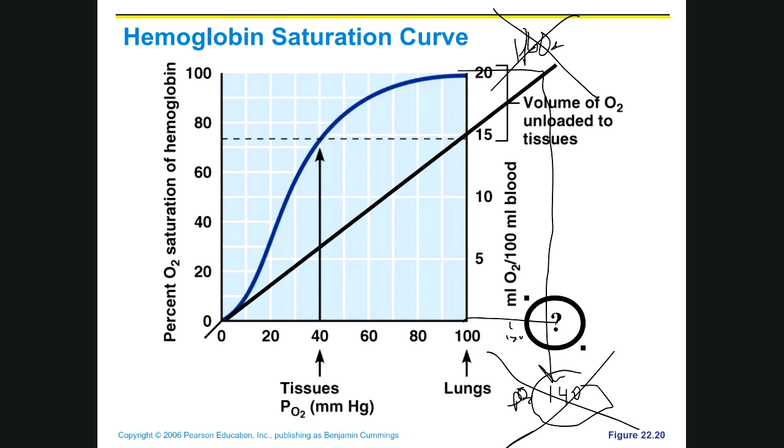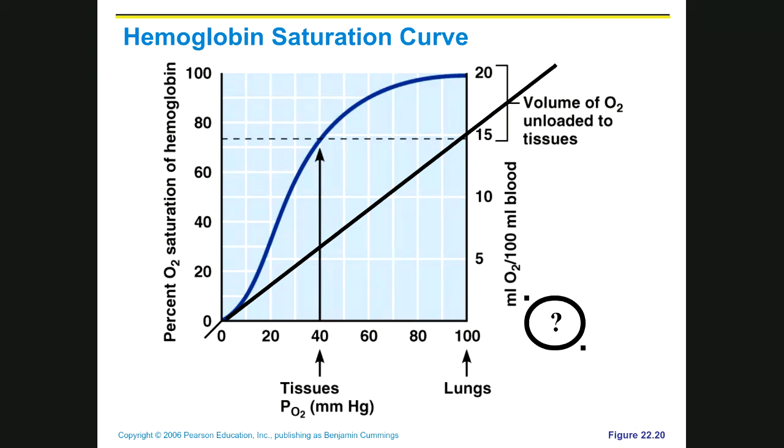But because the curve is shaped the way it is, it fills up much, much faster. And so we can fill up 100% of our hemoglobin with oxygen at the same level that we have in the lungs. It also means we can deliver oxygen faster. We deliver it faster because it's steep.